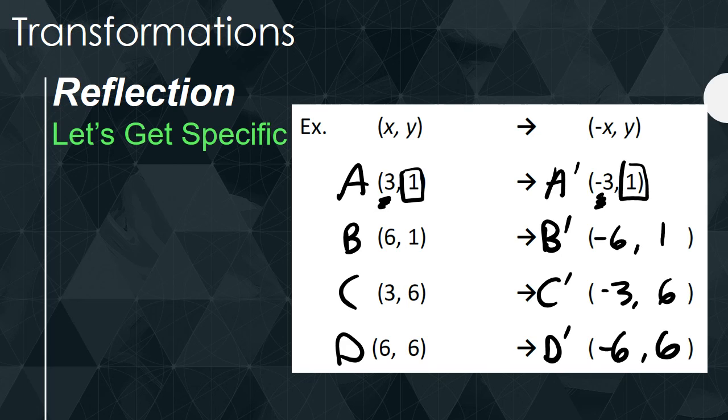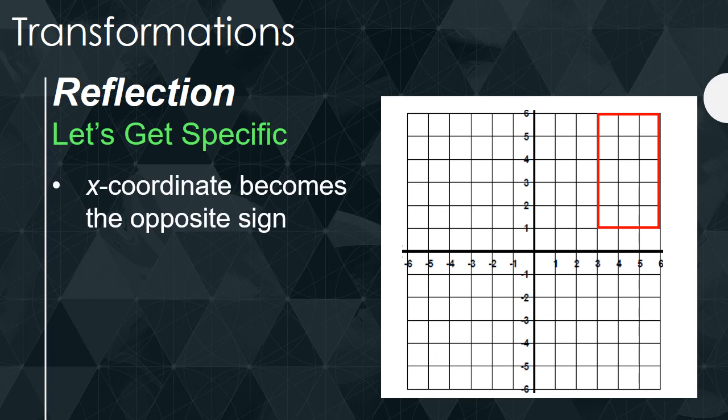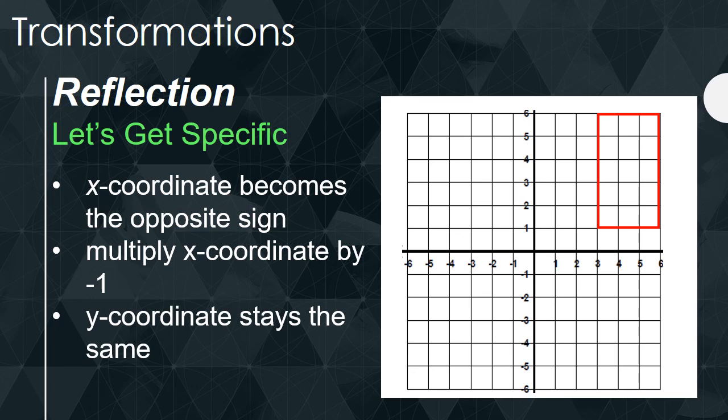So all we notice is that to figure out over the y-axis, the y-coordinate stays the same. The x-coordinate, that's the one that becomes the opposite. So the x takes the opposite sign, and the y-coordinate stays the same, and we have this reflection.